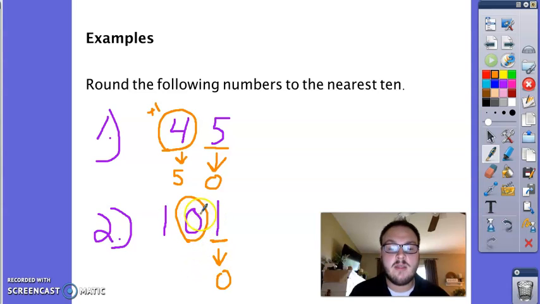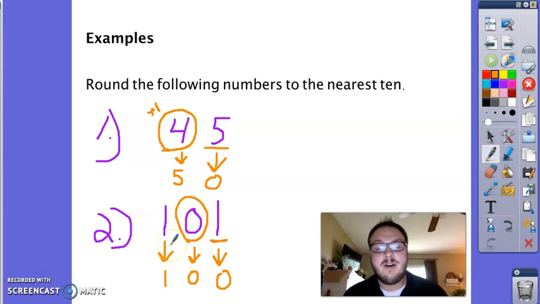It's resting because this number was 4 or less, so it's going to stay a 0. The only other thing you need to know is anything to the left of the circled digit is going to remain the same. Because if I zeroed out the 1 right here, you would be saying that 101 rounded to the nearest 10 is closest to 0. If we think about that on a number line, no, the nearest tens are 100 and 110.